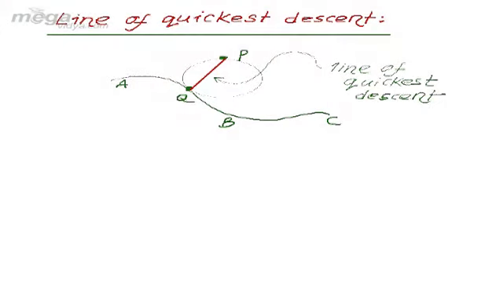How do we tell that this line is the line of quickest descent?